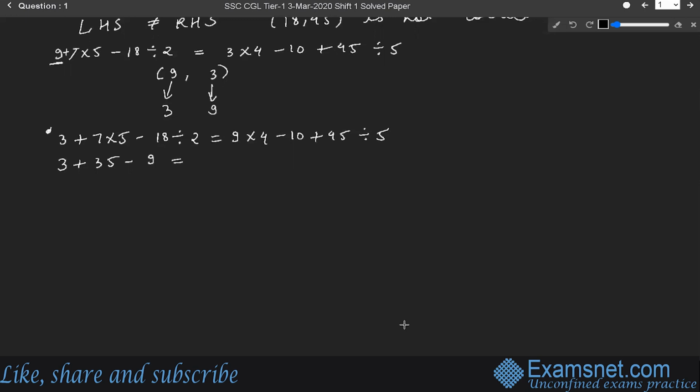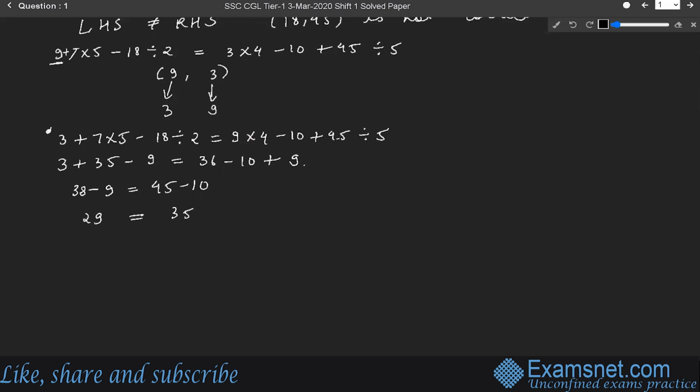So this will be equal to 9 into 4. 9 into 4 is 36 minus 10 plus 45 divided by 5 will be 9. Again solving it, 3 plus 35 will be 38 minus 9. It is equal to 36 plus 9. 36 plus 9 is 45 minus 10.